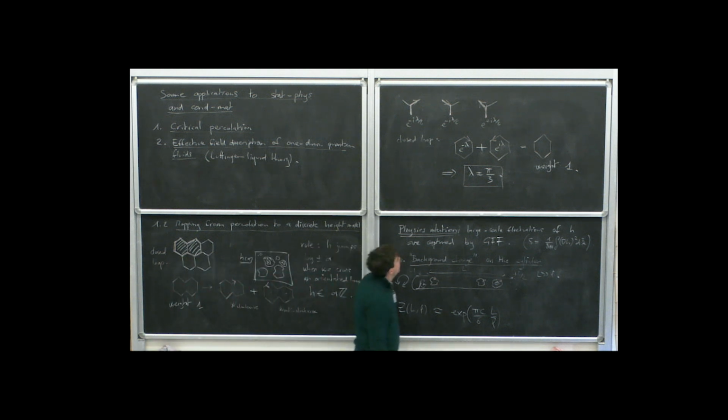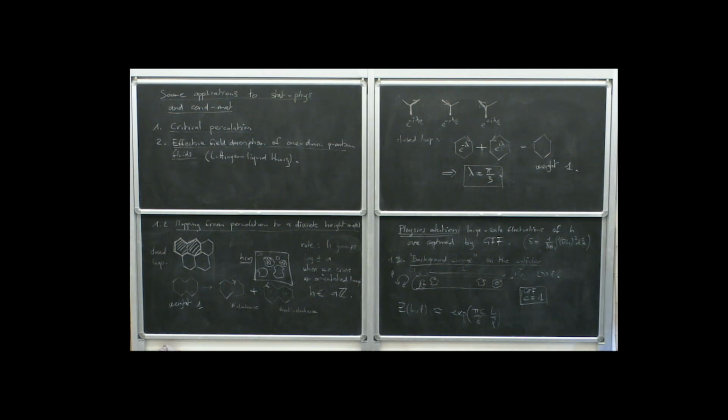On the other hand, as I said when we defined the model, the partition function should be 1. It shouldn't scale with capital L. And for the Gaussian free field, the central charge is 1, it is not 0. So there's a problem here, and we need to cure that problem before we can go on.